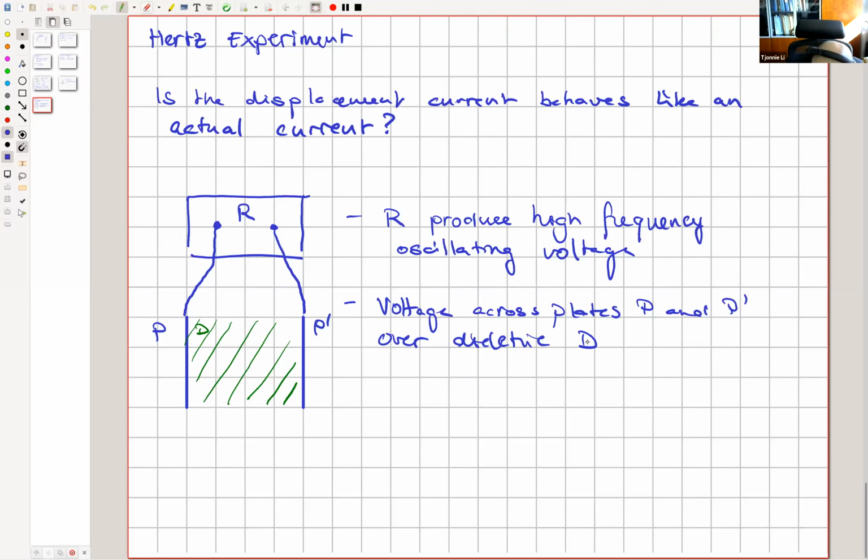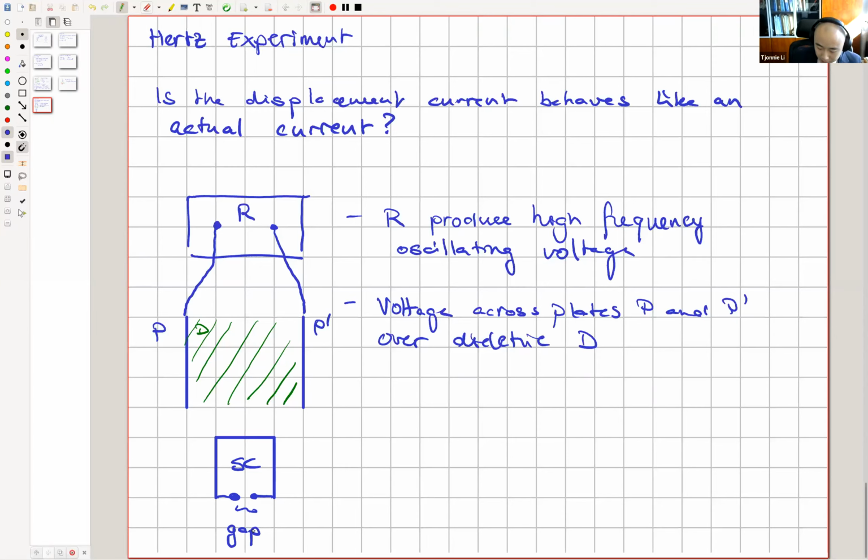He created a secondary circuit, but he left a little gap. Again, let me give you a minute or two to think about it.